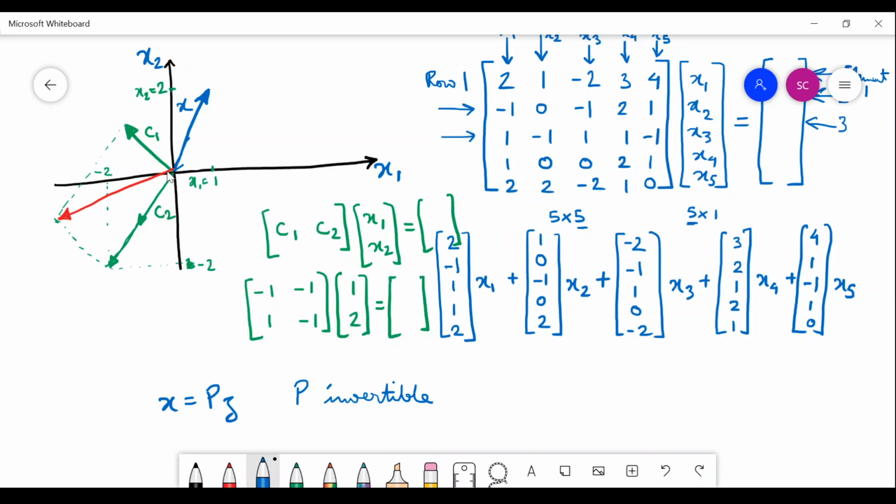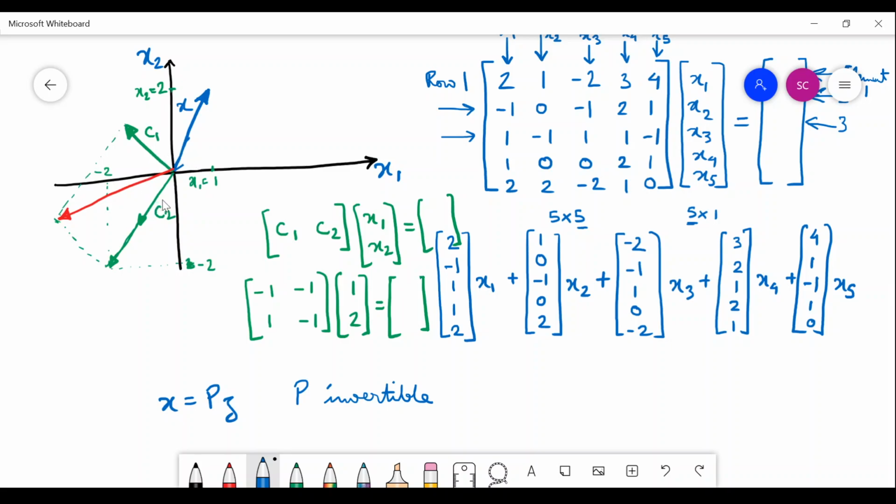Where are z1 and z2? So x1 and x2 combined were giving me this x vector, right? Now this x1 is getting converted to some z1, x2 is getting converted to some z2. Both that z1 and z2 are still lying on this R2 plane.